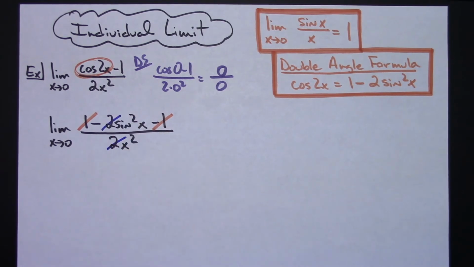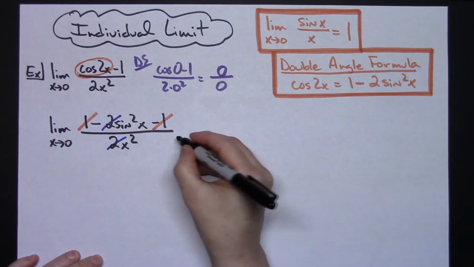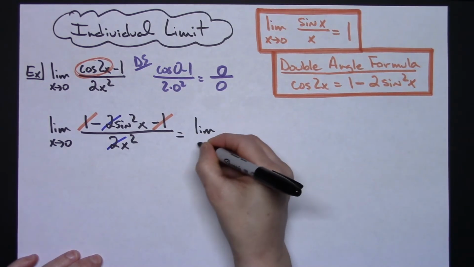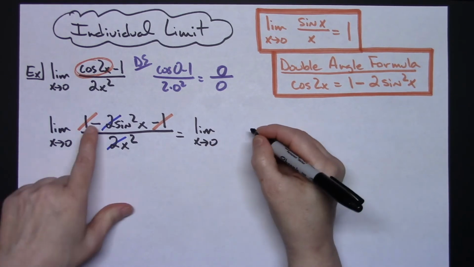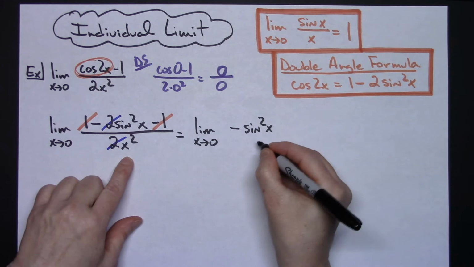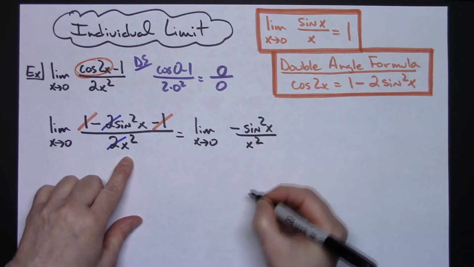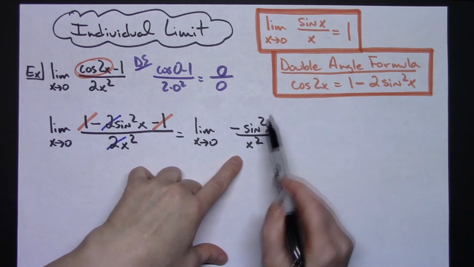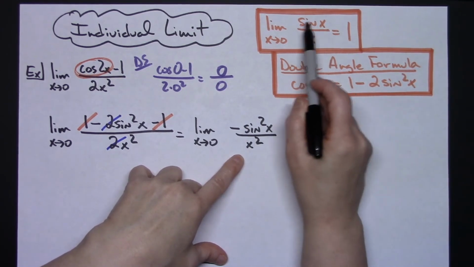Alright, so from there I can do the limit as x approaches 0 of negative sine squared x all over x squared.